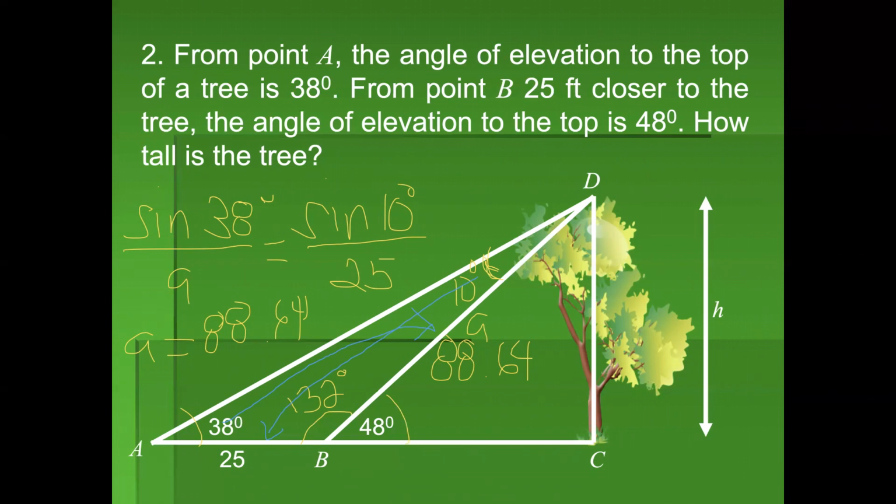We already have another side that we solved earlier, which is the hypotenuse, 88.64. So we have the hypotenuse, and we want to solve for the opposite side. Using the formula, we can use sine to solve it.